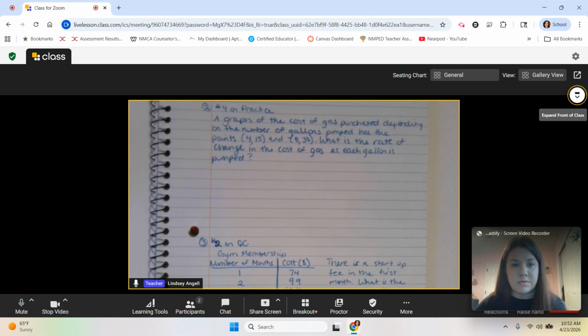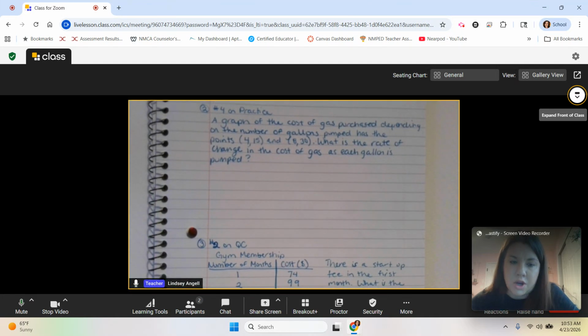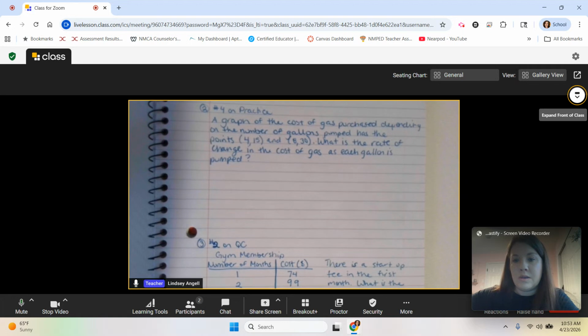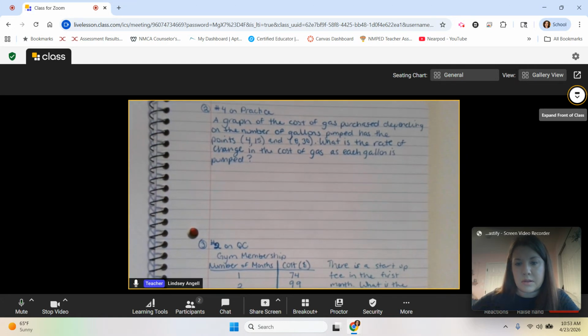All right, with this next one, number 4 on your practice, a graph of the cost of gas purchased, it's a little blurry, depending on the number of gallons pumped, has the points (4, 15) and (8, 30). What is the rate of change in the cost of gas as each gallon is pumped? Well, remember, rate of change is our slope.